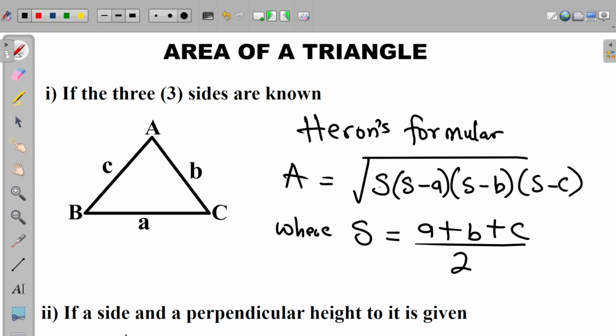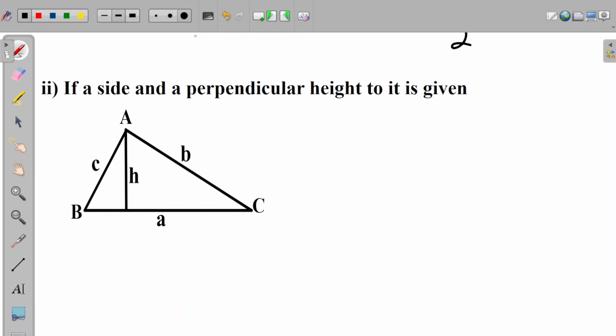Now we can use Heron's formula to obtain the area of a triangle that has three sides.